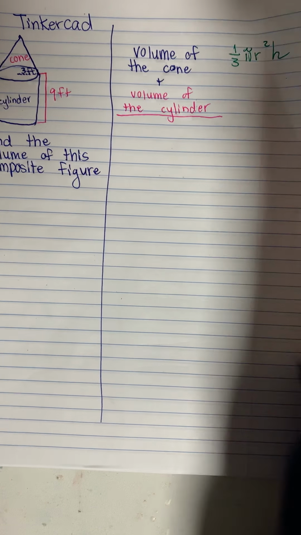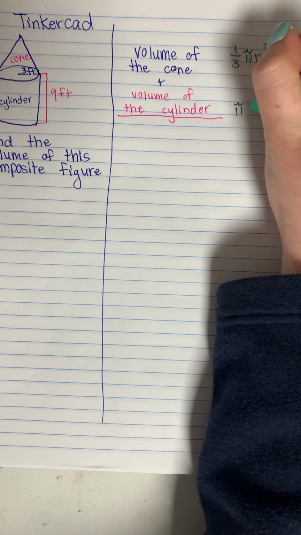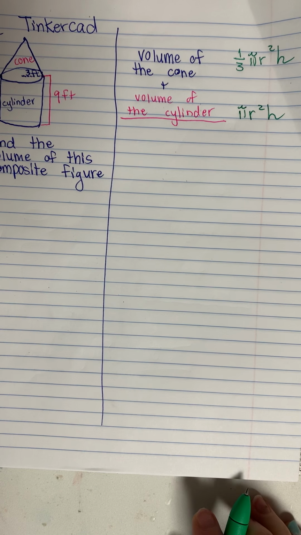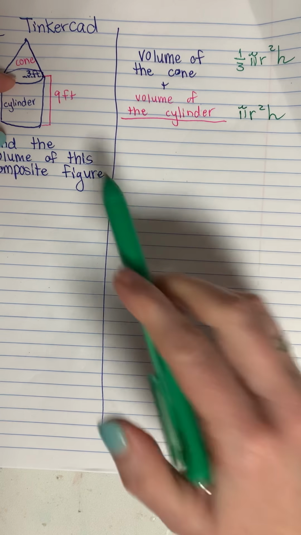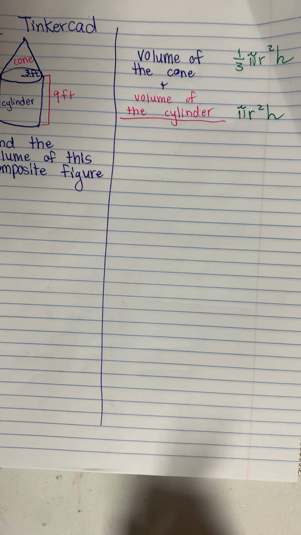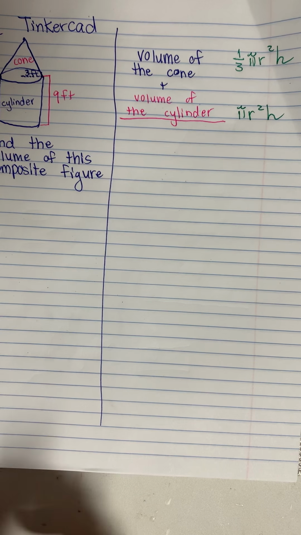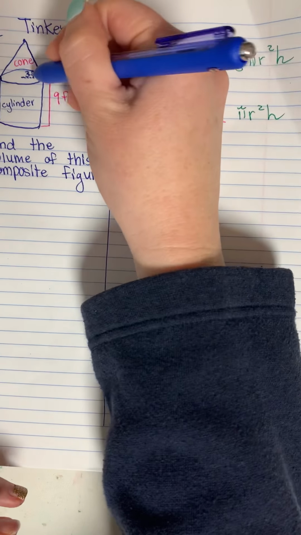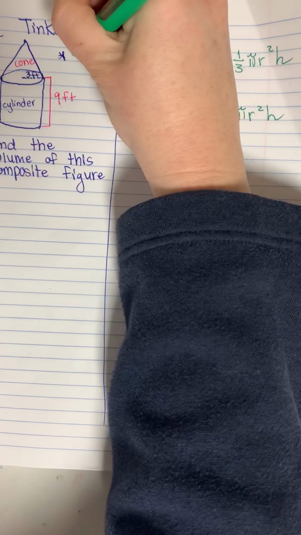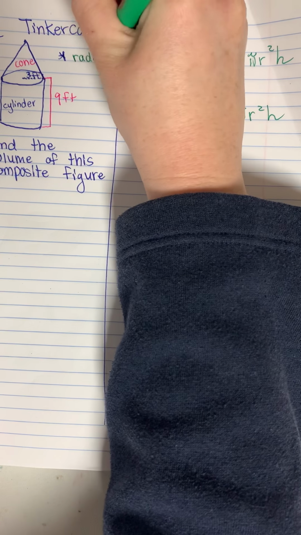And the volume of the cylinder is pi r squared times the height. And remember, height of the cylinder is different than our height of the cone. You notice the radius, though, is the same. Make note of that. Radius is the same.